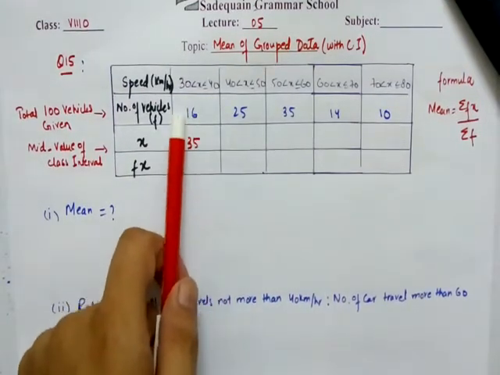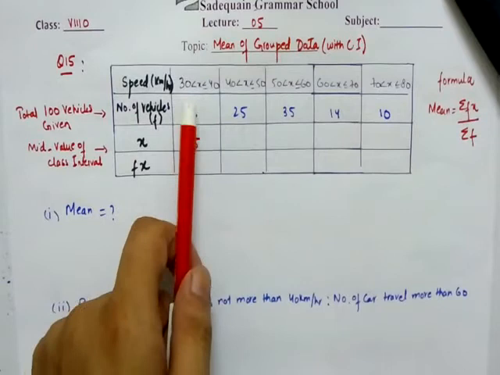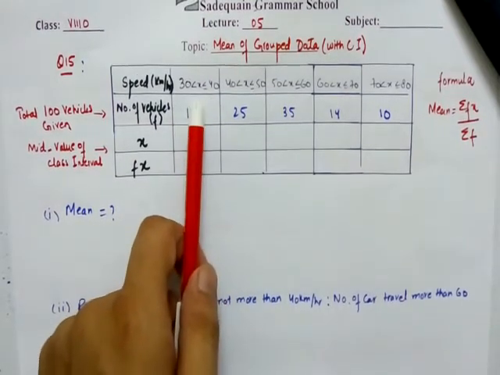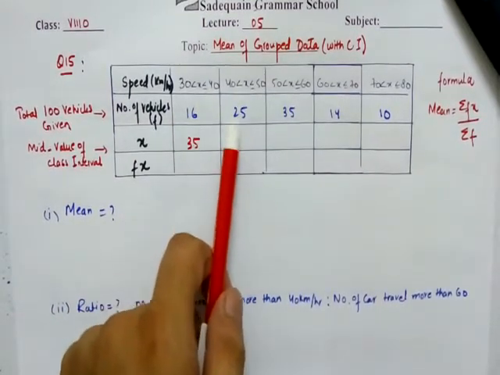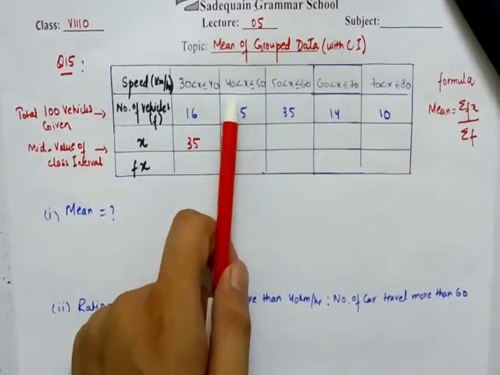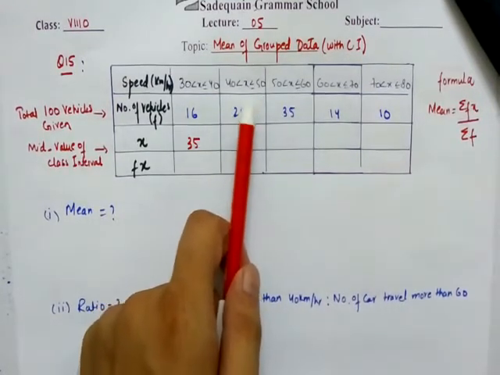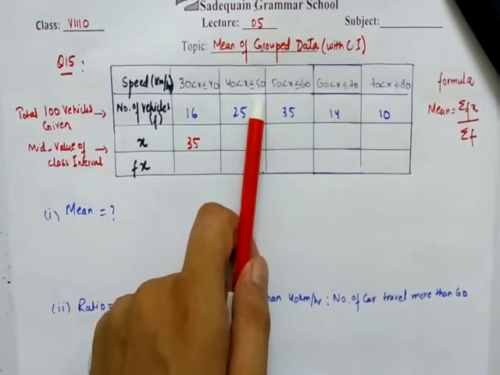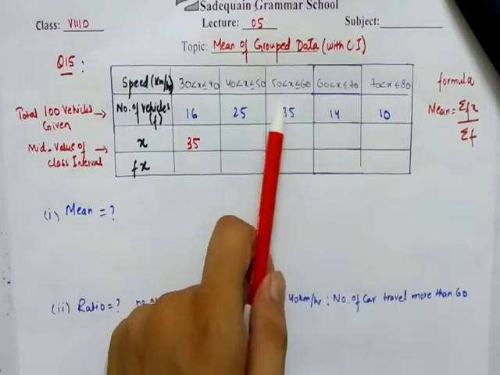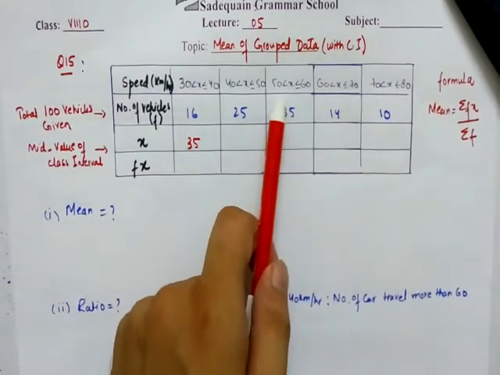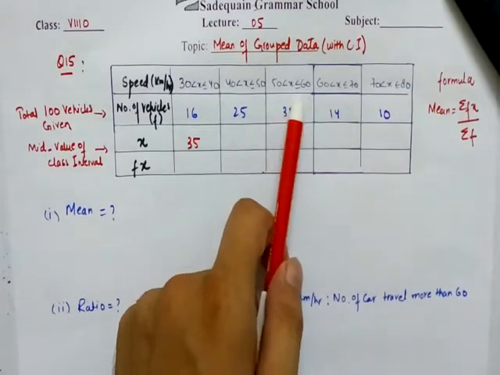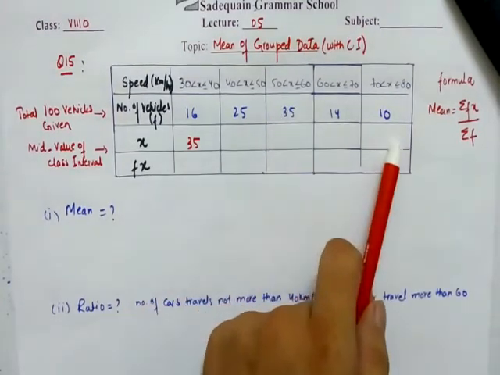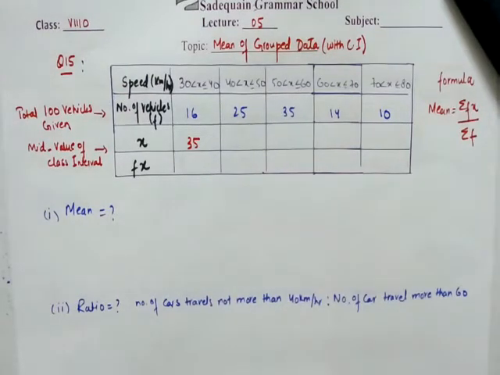So there were 16 such vehicles traveling between 30 and 40 km per hour. 25 vehicles were traveling with a speed between 40 and 50, greater than 40 definitely but less than or equal to 50. 35 such vehicles were traveling with a speed between 50 and 60, and so on. So I hope you have understood how the data is presented to you. That was the question. I haven't solved anything yet.